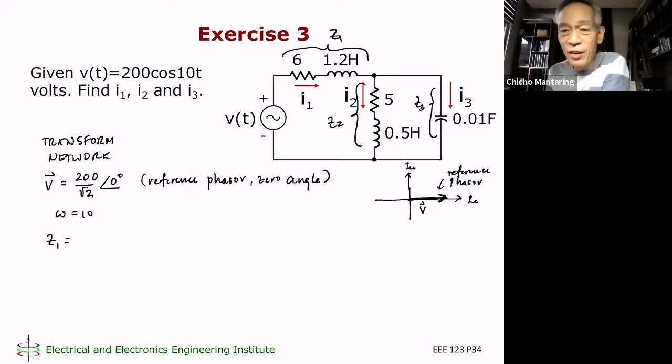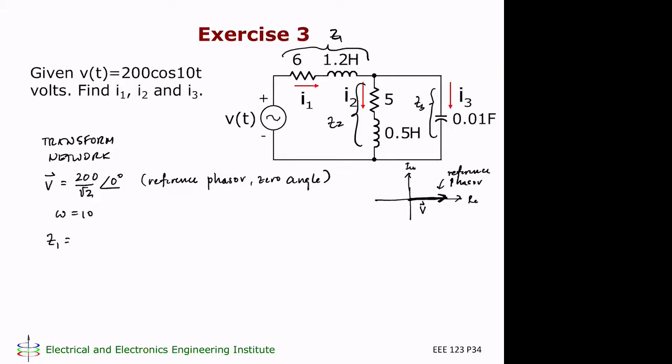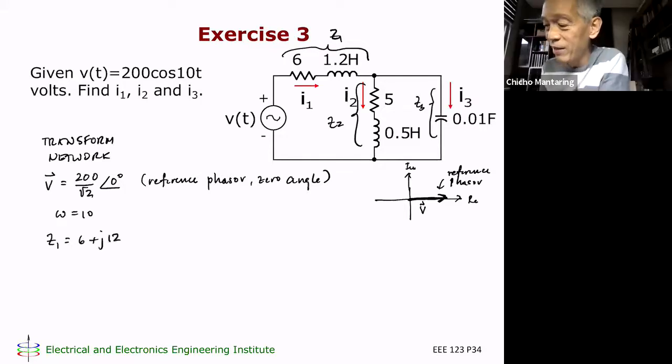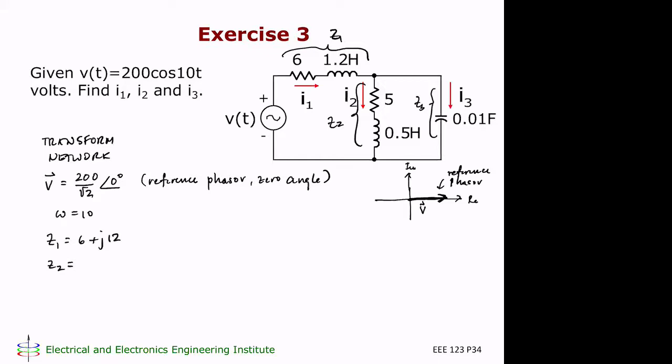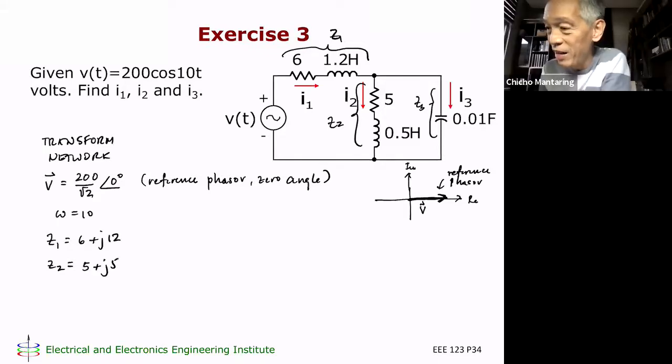Either Mori or Ivan. 6 plus j12. Okay, 6 plus j12. That's right. What about Ivan? What is Z2? 5 plus j5. Exactly, 5 plus j5. And then Z3, I'll answer this one. This is minus j10.